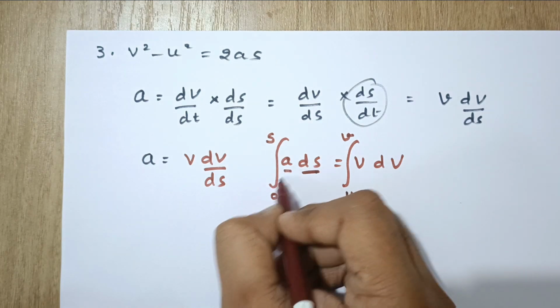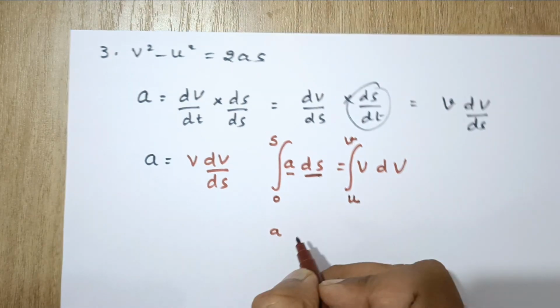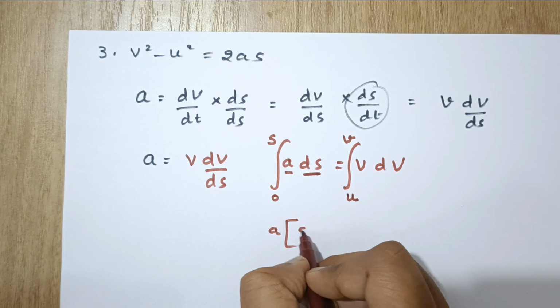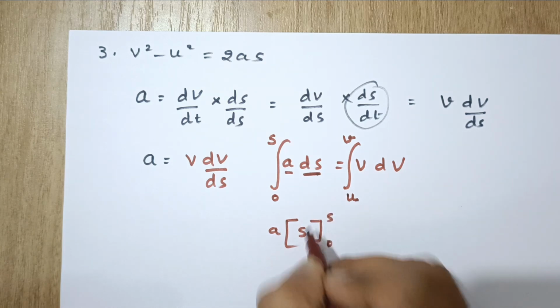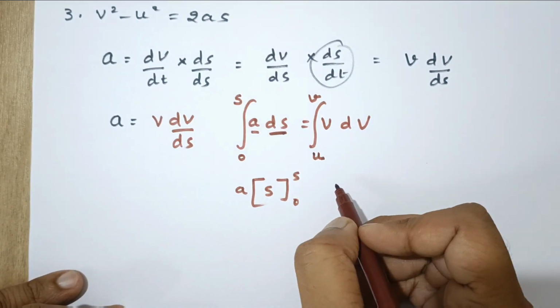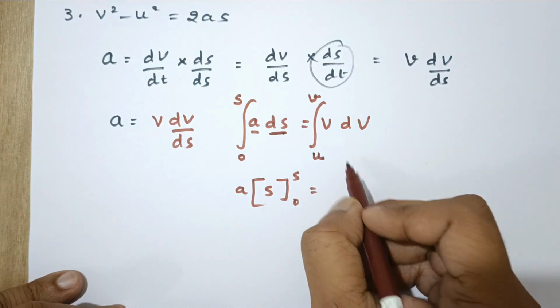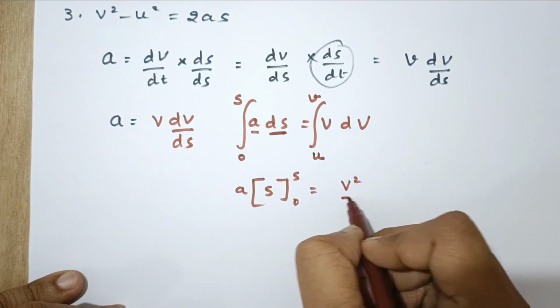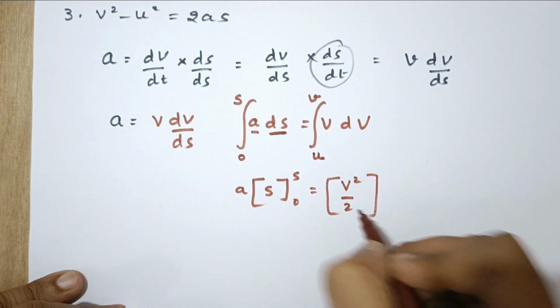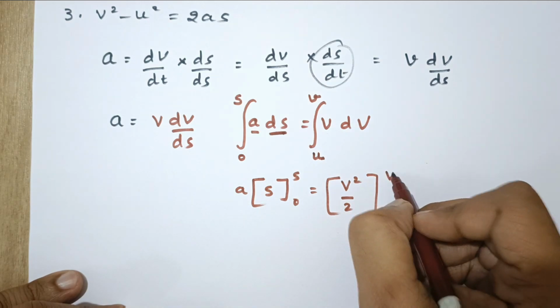Since a is constant, we can pull it outside. So a, then integration of ds is basically s, upper limit minus lower limit. Now this is v dv, so integration of v is v square by 2, from u to v.